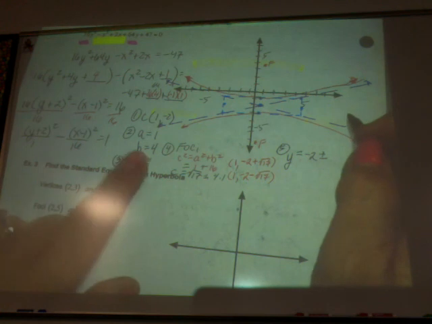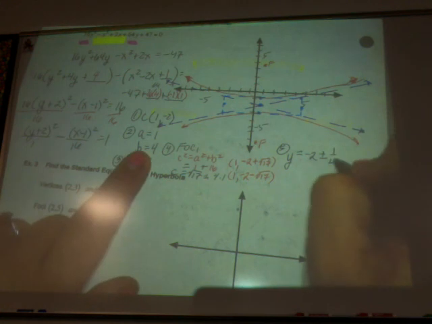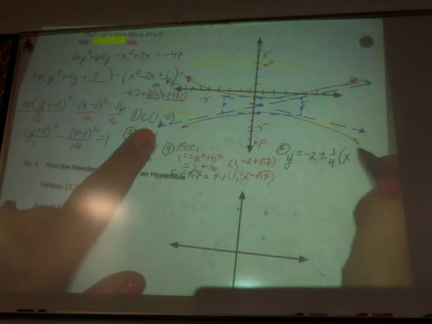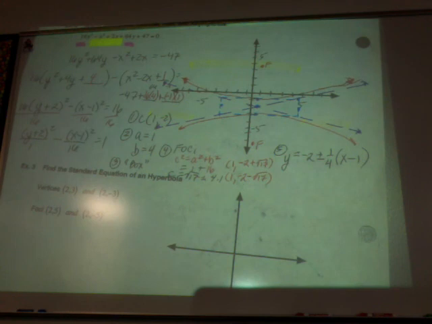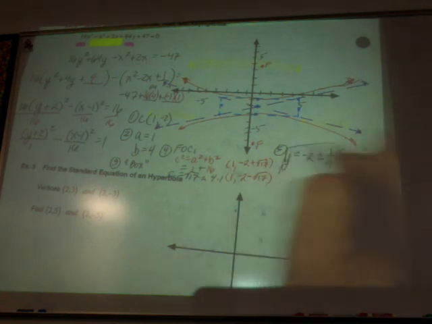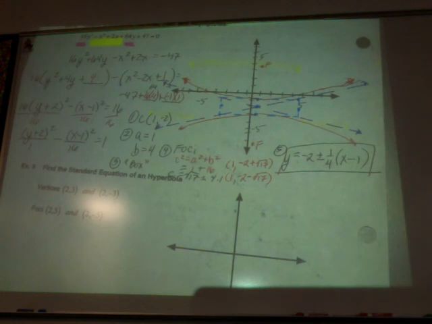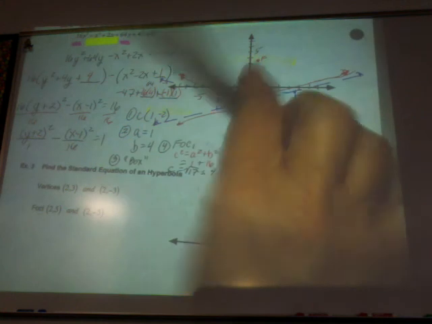Our a is 1. Our b is 4 times x minus 1, right? Done. All I did was follow that formula. One would be the positive, wouldn't this be the positively sloped one and that's a negatively sloped one?